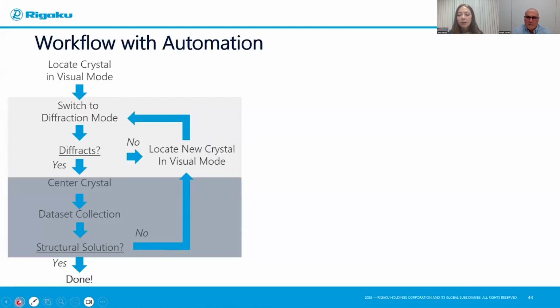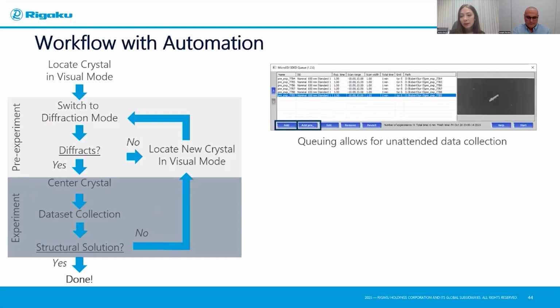To get into this topic, I first want to go back to this workflow that I showed earlier of manual data collection, where this first section we describe as screening, and this part we refer to as our data collection. We use the names pre-experiment and experiment in this tool called queuing.